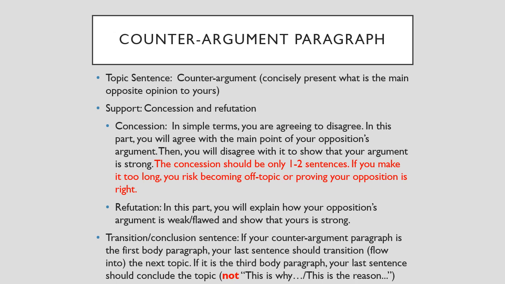And then your refutation, all you're doing is you're expanding on why your point is stronger. Okay? So in this part, you will explain how your opposition's argument is weak or flawed and show that yours is strong. Not even stronger, actually, just strong in general. You're the winner.